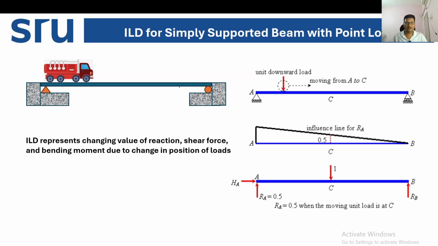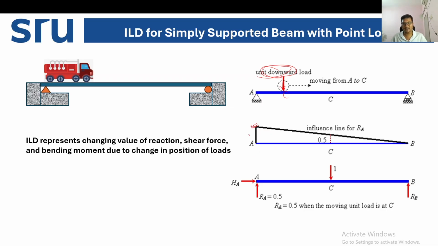So how does this influence line look? You can see, we are considering this load as a unit load. Let's say this unit load is at this particular position, and how does the influence line look? We'll see how the diagram is constructed in the future slides. Now this unit load is moving from end A to end C, and there is a variation in the reactions.